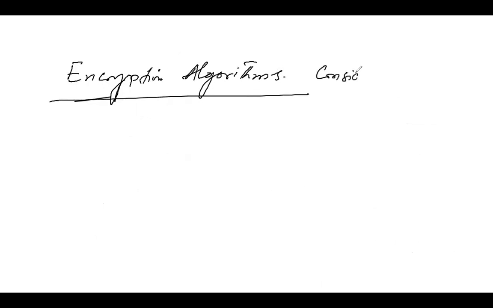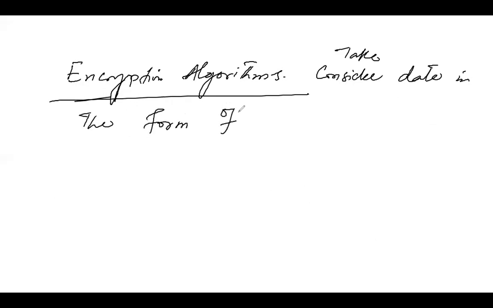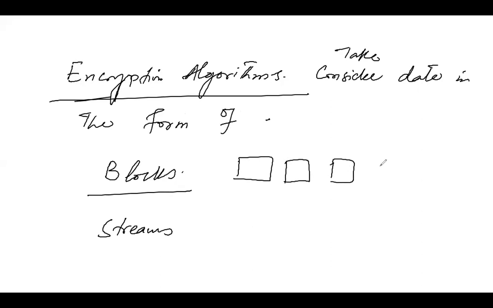And another thing is, in an encryption algorithm, you can consider data or take data in the form of blocks. A block is actually a big chunk of data, like 1, 2, 3, 4.